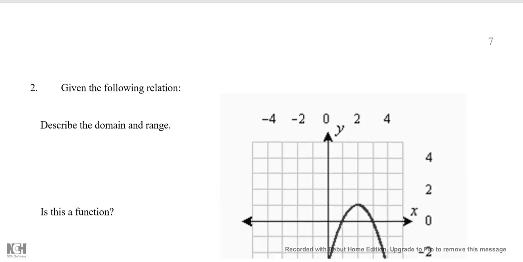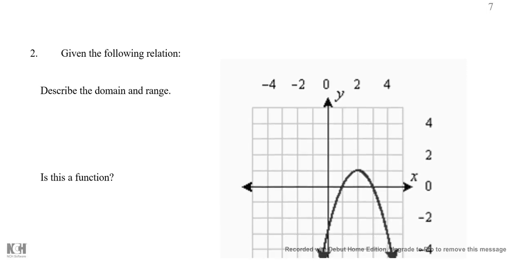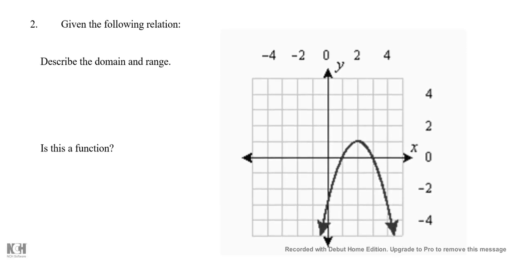We have another graph. We're going to describe the domain and range and then determine whether it's a function. The domain of this function, remember I'm looking for all possible x values. Well, my graph has this arrow going to the left.